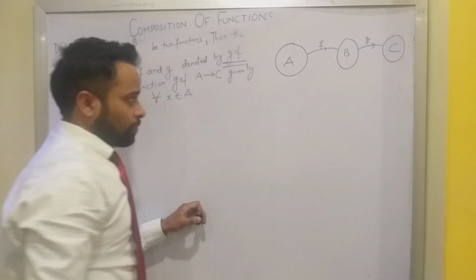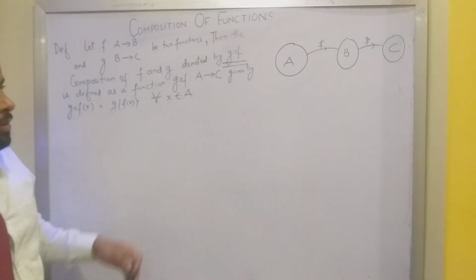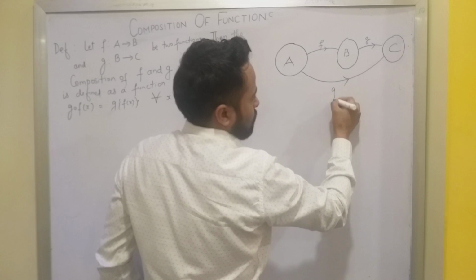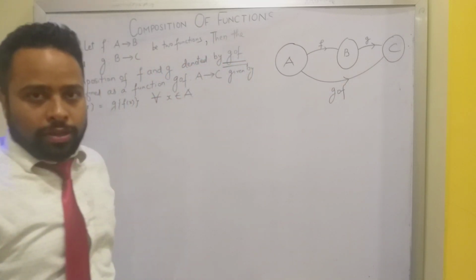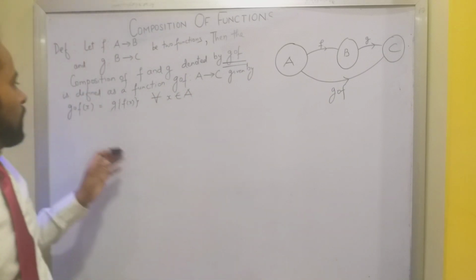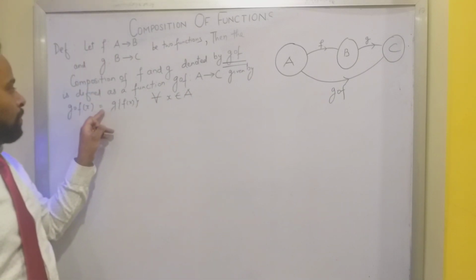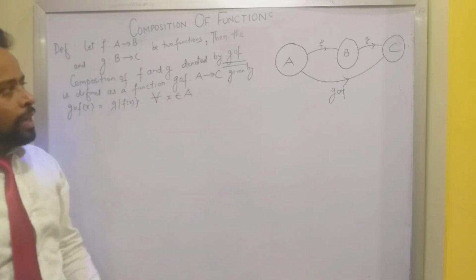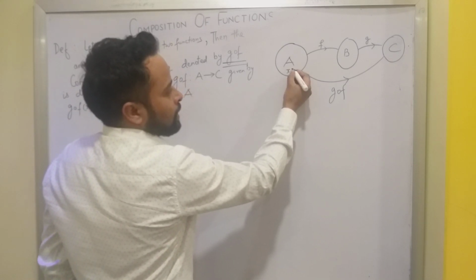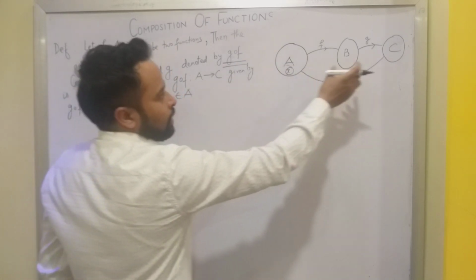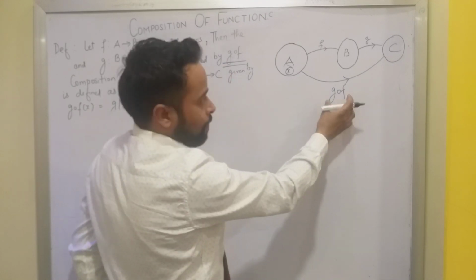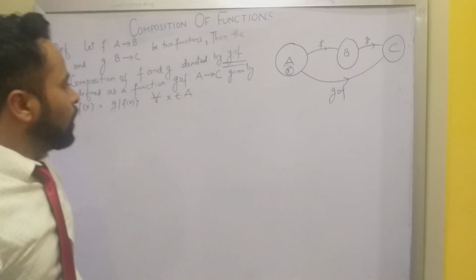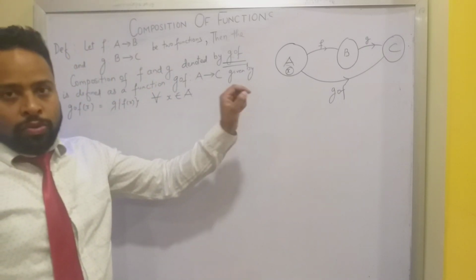This is set C. According to the definition, gof is a function from A to C such that gof of x can be written as g of f of x for all x belonging to A. x is the domain element, this is the domain set, and C is the codomain for gof. f and g are two simple functions. Let me show you practically how it works.